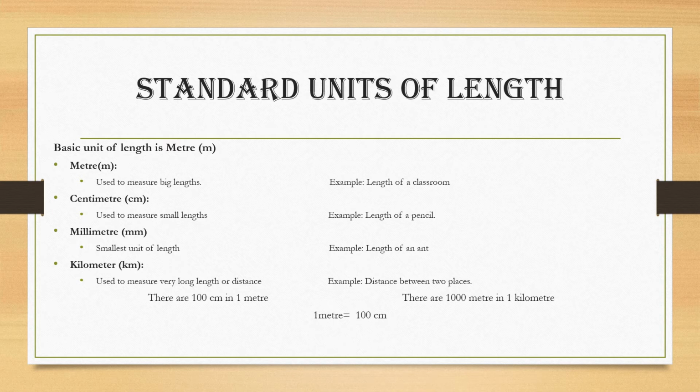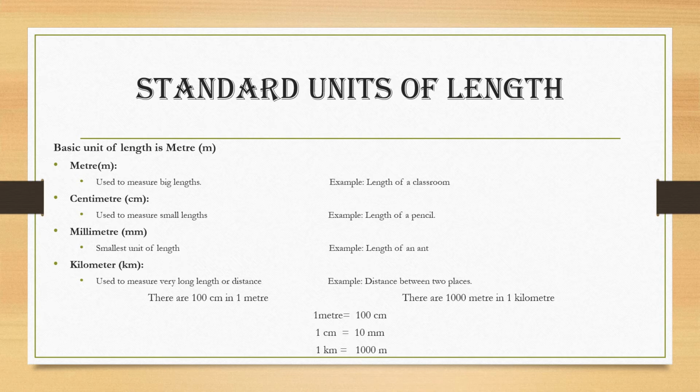So now I'll tell you the measurement of this: there are 100 centimeters in 1 meter, there are 1000 meters in 1 kilometer, and for the smallest unit, there are 10 millimeters in 1 centimeter.